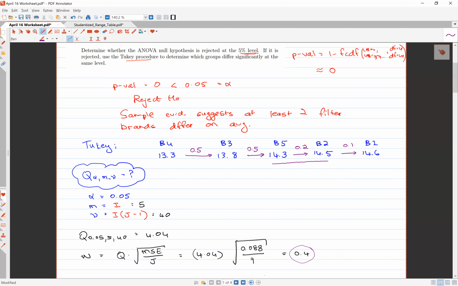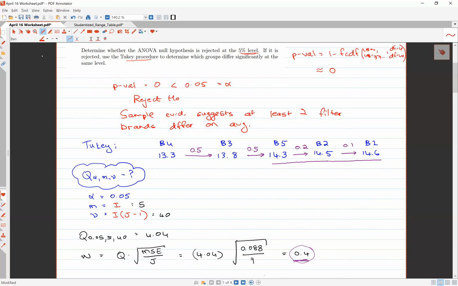Well, that's still just a distance of 0.3. So they're still close enough together as well. Brand 4 and 3 are more than this distance apart. Brand 3 and 5 are more than this distance apart. But then all the other brands, 5, 2, and 1, the distance between their averages is less than 0.4.